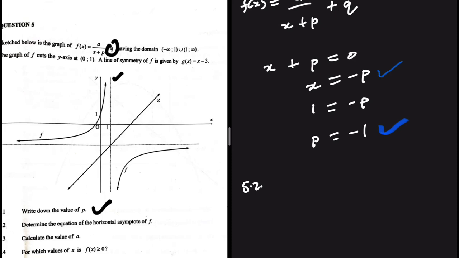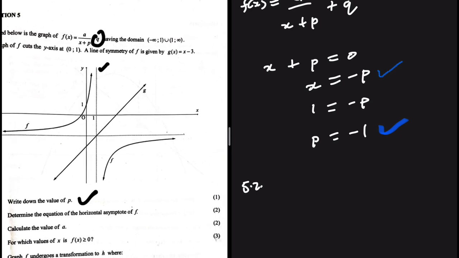We don't have f of x, and we don't have any number given close to the horizontal asymptote, just as we were given on the vertical asymptote. So how are we going to do that?